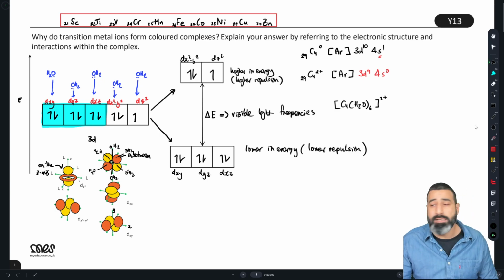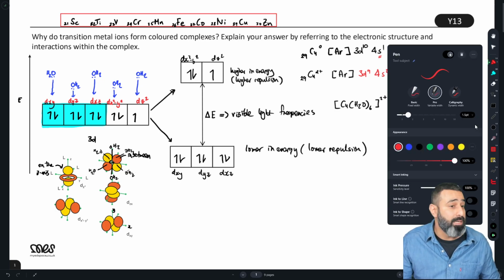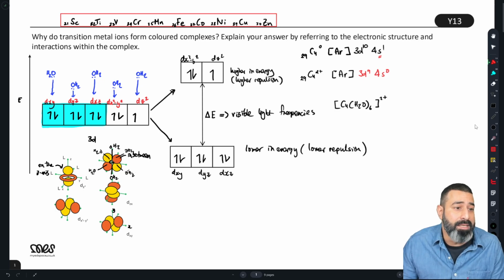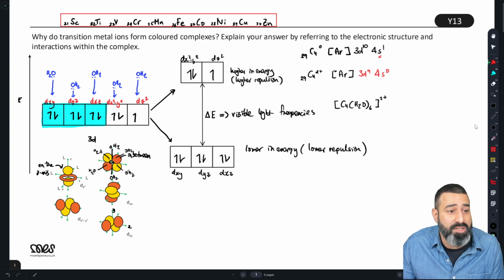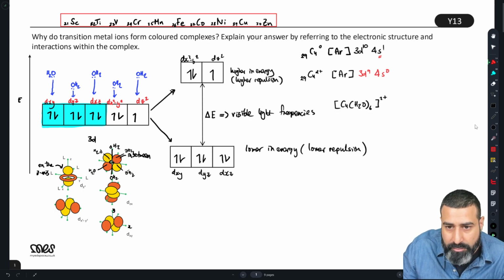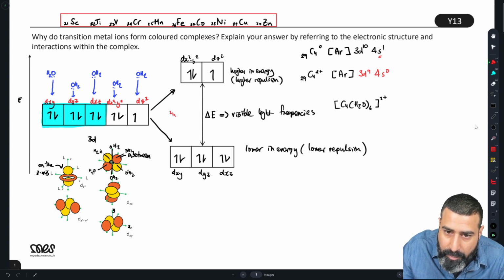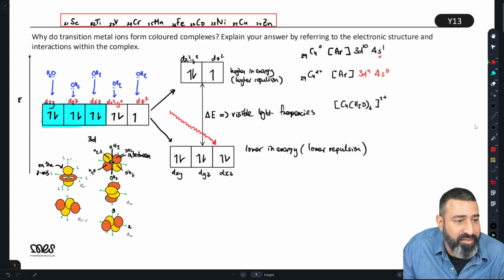So what happens is, now we're getting to the answer. So what happens is wavelengths of visible light of certain frequencies come along. So I'm going to draw a wave, they come along. So this is representing a wavelength of visible light.